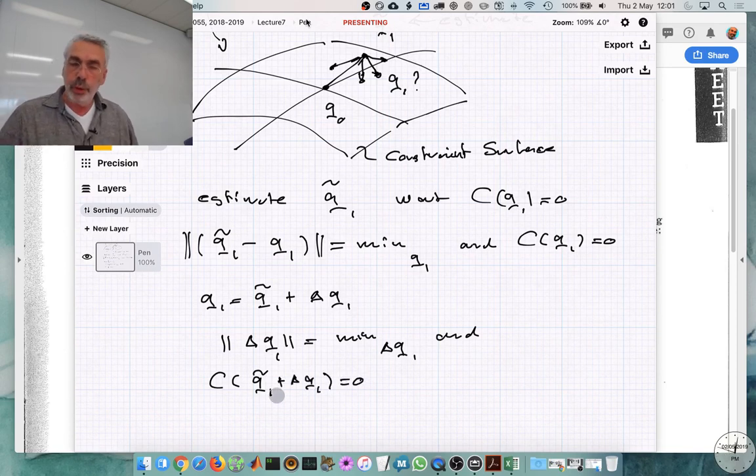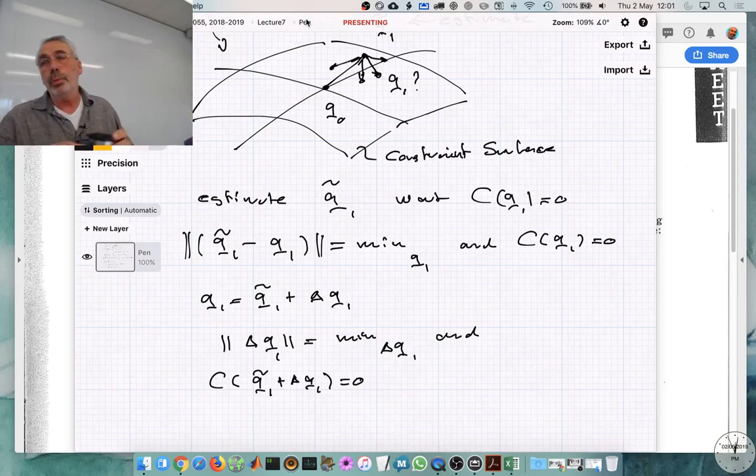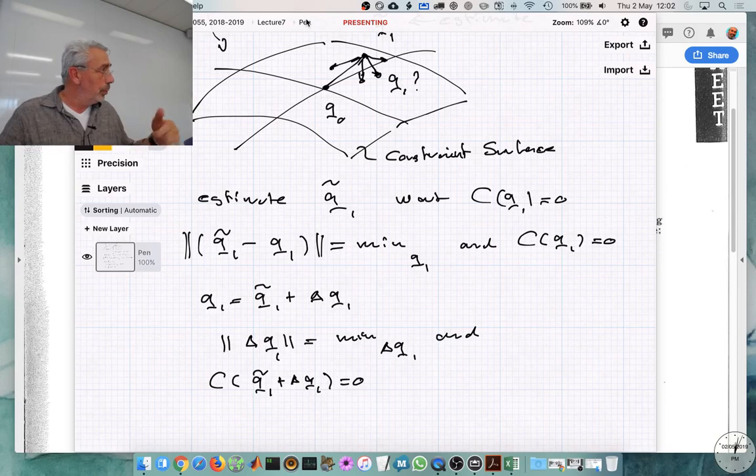Now, this is a nonlinear problem, and these nonlinear problems are hard to solve. So the solution usually to nonlinear problems is to look in the vicinity, linearize your problem, and then with that linearized approach you do a number of steps and then you find the final solution.